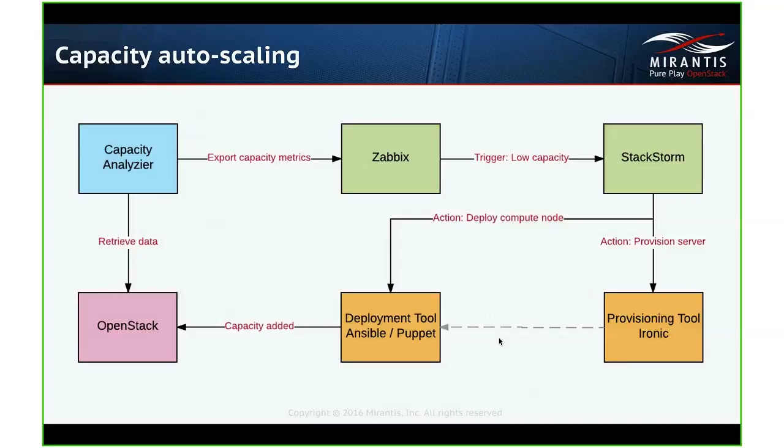Zabbix has triggers based on these metrics, and if the capacity gets below some level, it fires an alert in StackStorm, and StackStorm has a list of actions to auto-recover this issue. This is really straightforward. It goes to our provisioning tool, provisions a few boxes, and runs the deployment automation to get these nodes into OpenStack.